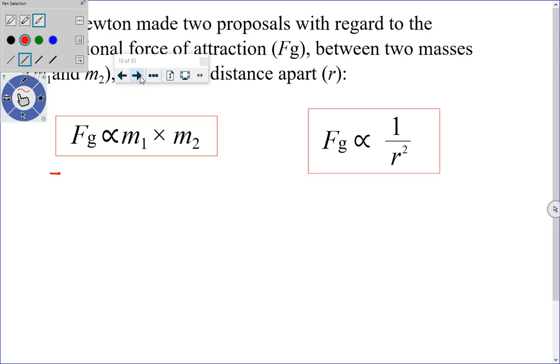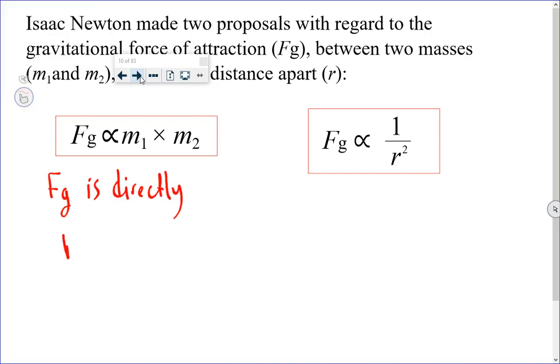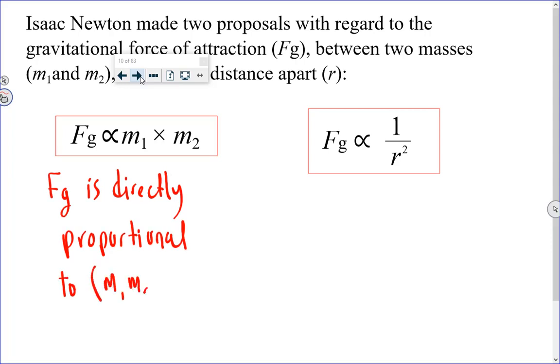This is saying the magnitude of the gravitational force is directly proportional to the product of the two masses. That's what that statement is saying. Directly proportional means as one changes, the other changes in the same way. So if you use twice the mass, you get twice the force.